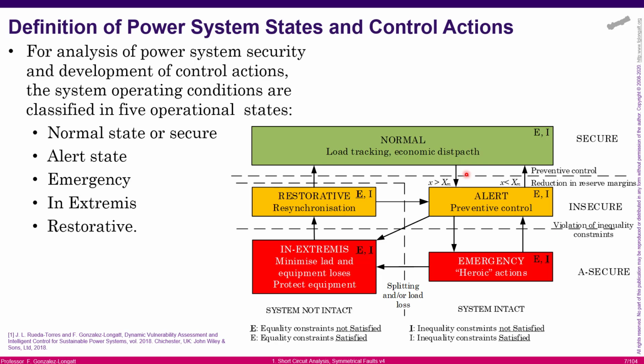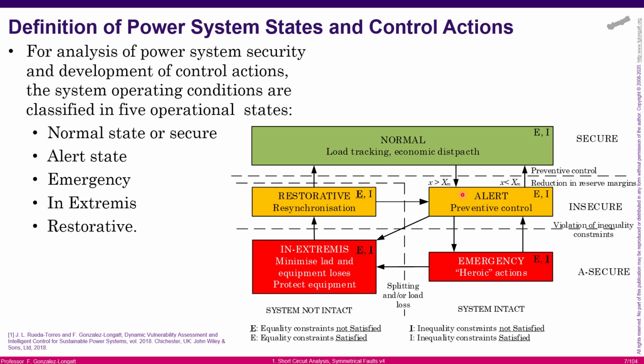We are in an insecure state because there are some situations where the variables are outside the range. Of course, there is a possibility that we take some actions and come back to the normal state. That is possible, especially if we are talking about, for instance, a reduction of the spinning reserve. We can put some generators online and come back to the normal state.